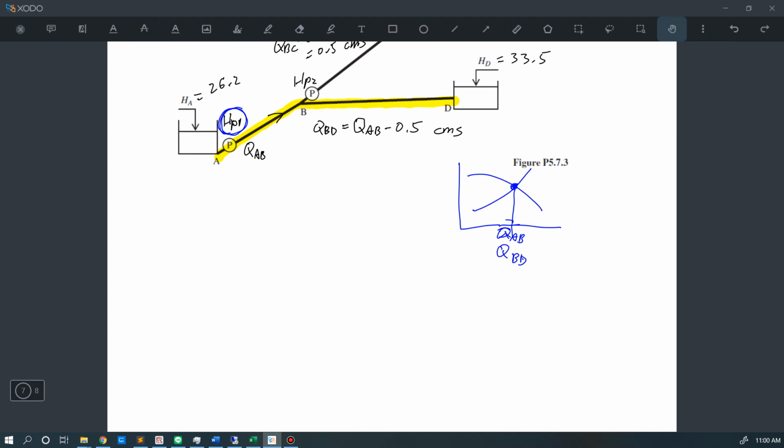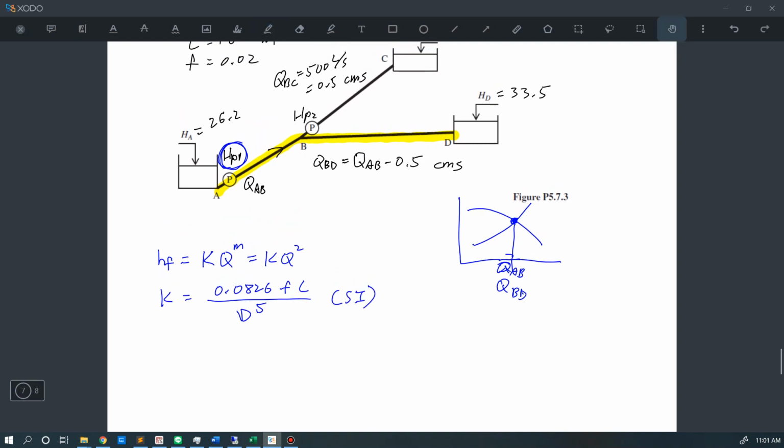To calculate the friction head loss for this pipeline, we use the same equation, which is K times the flow rate to the power m, where the power m is equal to 2 in our case, and K is equal to 0.0826 times factor F times the length divided by the diameter to the power of 5, and this is for SI units.